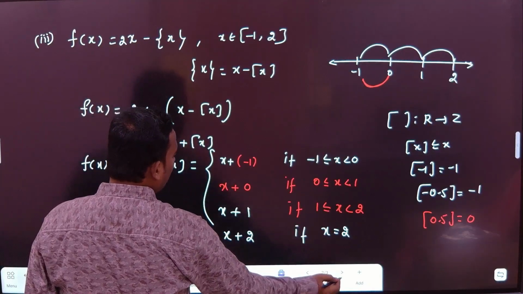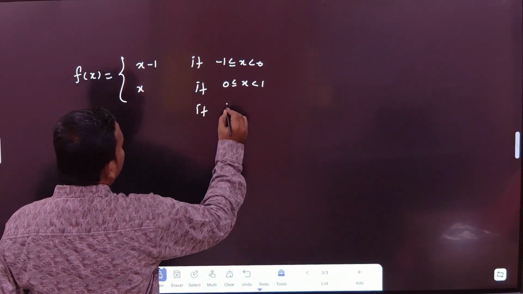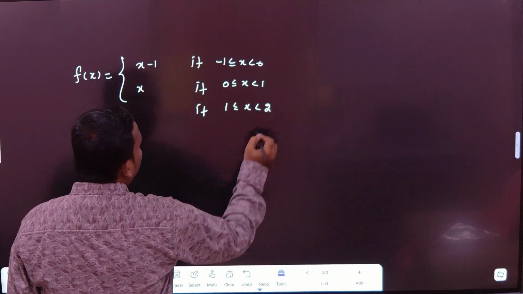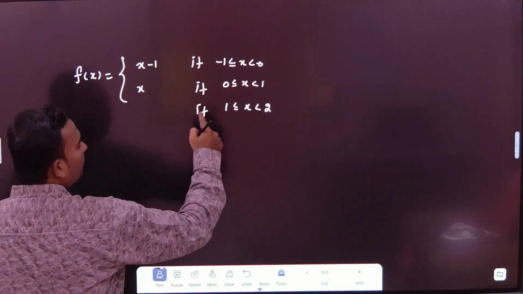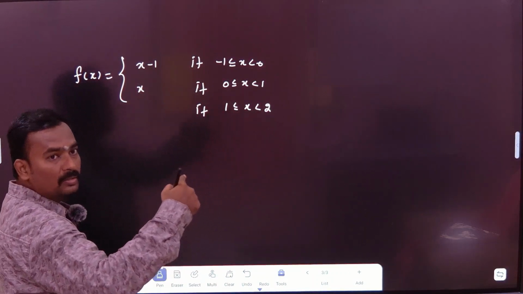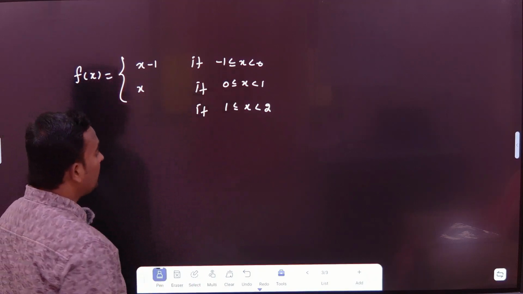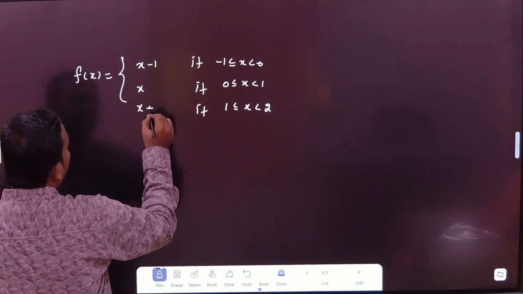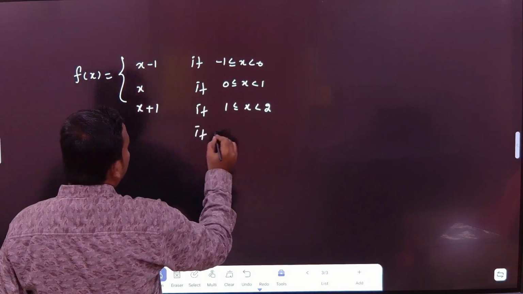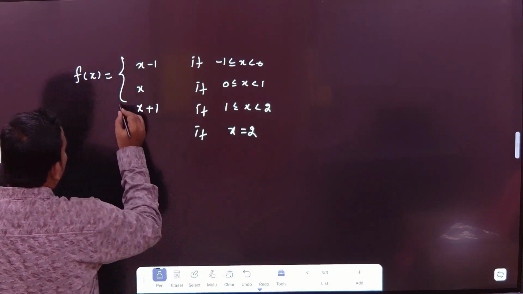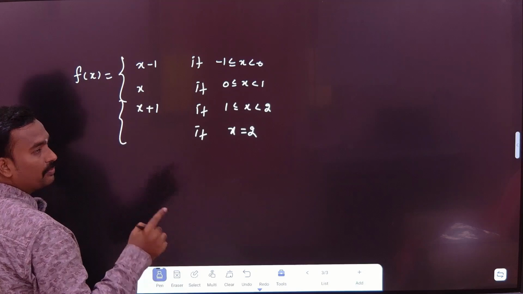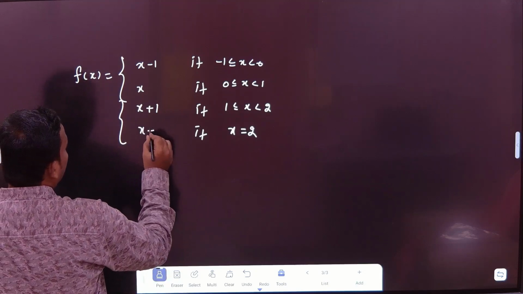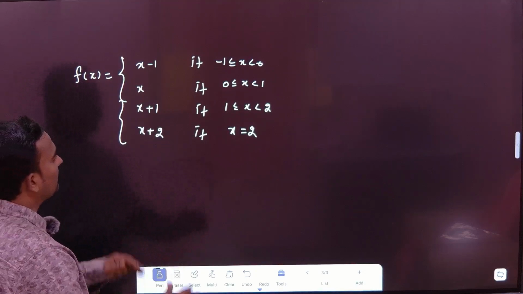Next, if x is 1 to 2, with 2 not included, so 1 to 1.9999, the greatest integer value is 1, therefore x plus 1. If x is equal to 2, the greatest integer value of 2 is 2 only, therefore x plus 2. This is your redefined function.